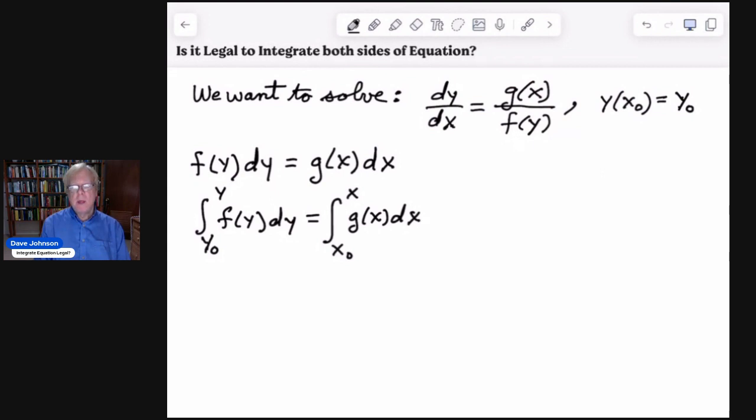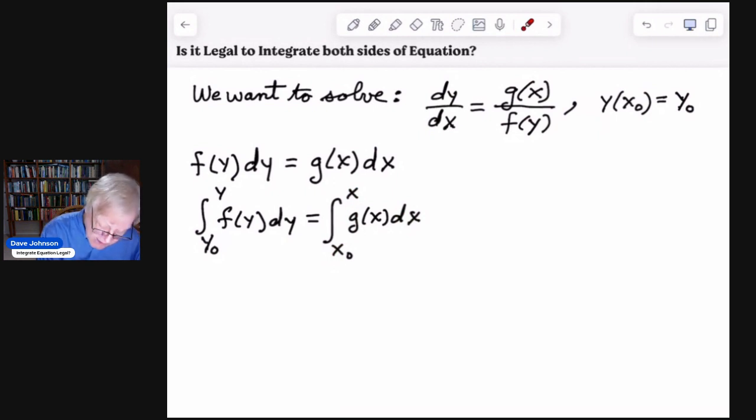So we have an integral with a variable upper limit and a constant lower limit. But again, I want to emphasize that what we have here is an integral with respect to y on the left side and an integral with respect to x on the right side. And if you're the least bit skeptical, you might wonder whether this is legal.